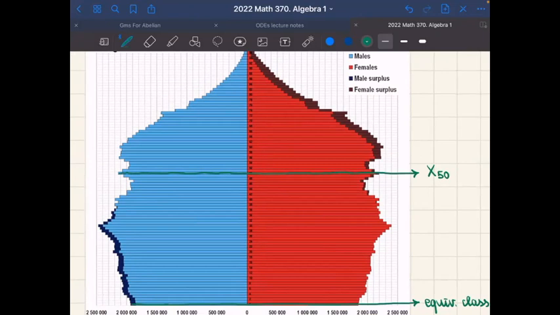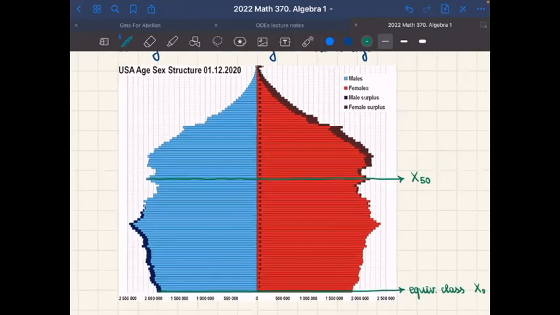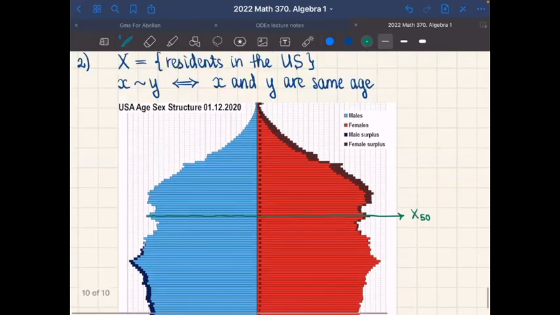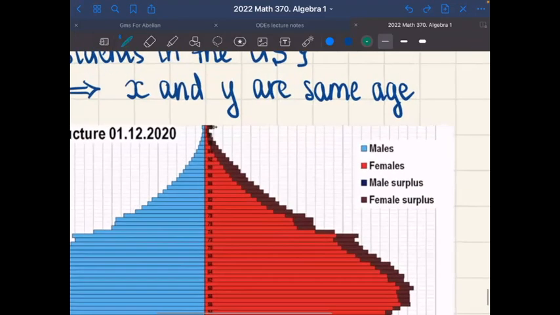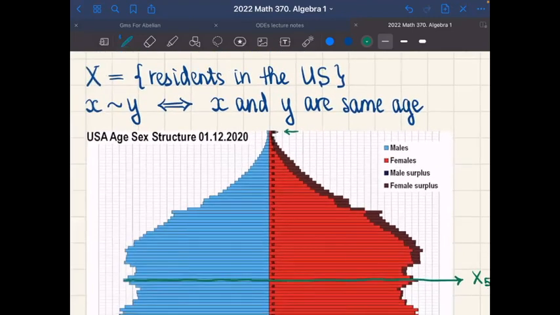And you can see that in the population pyramid, they draw males on the left side and females on the right side, but it doesn't matter for our equivalence relation, because women aged 50 are equivalent to men aged 50. And there is one line that may contain more than one equivalence class in our definition. And these are people 100 years and older.